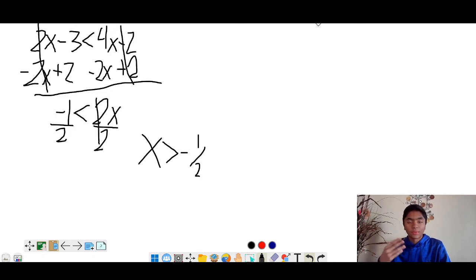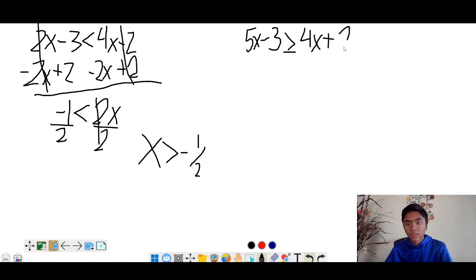Now, as a second question, we have 5x minus 3 is greater than or equal to 4x plus 8. So, as usual, move all the letters to one side and all the numbers to the other side. So we're just going to add 3 here, and add 3 here.